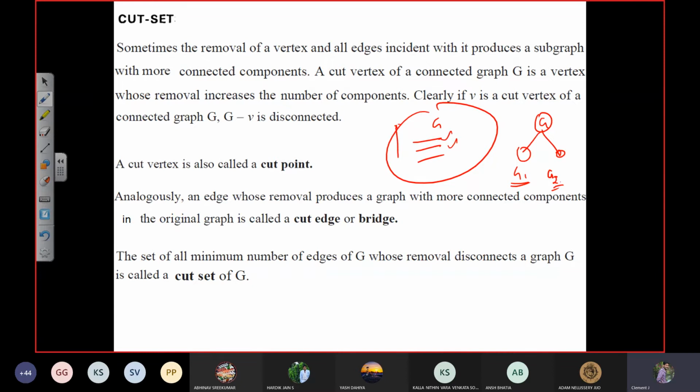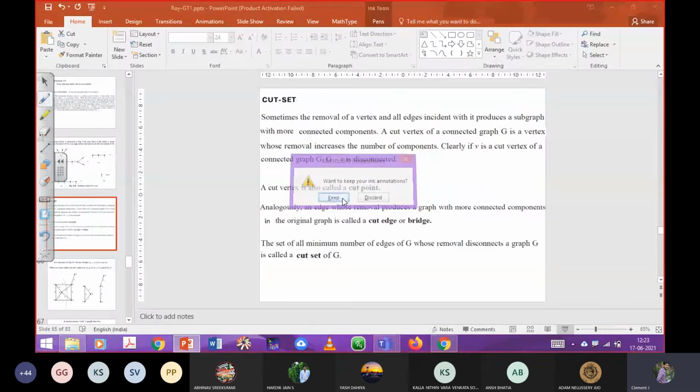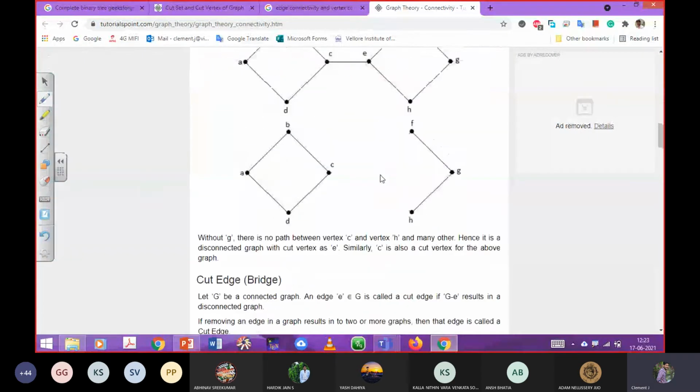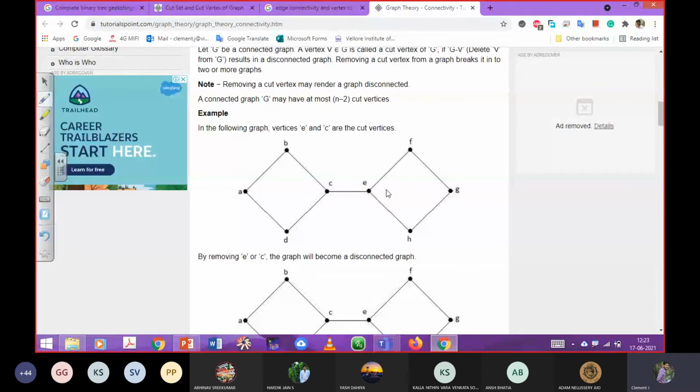Okay, see here. Can you try to say which edge we can remove here to form a disconnected graph? Can you try to point out the exact one? CE, sir. CE. Very good.